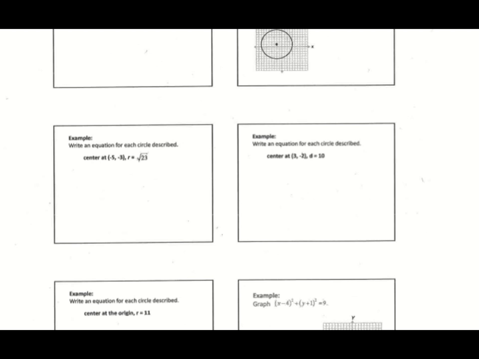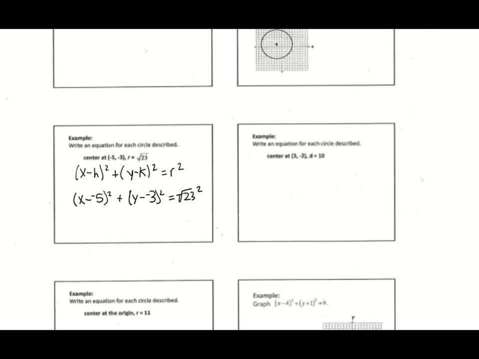So when I plug this into my equation, which is x minus h squared plus y minus k squared equals r squared, I get x minus a -5 plus y minus a -3 is equal to the square root of 23 squared.